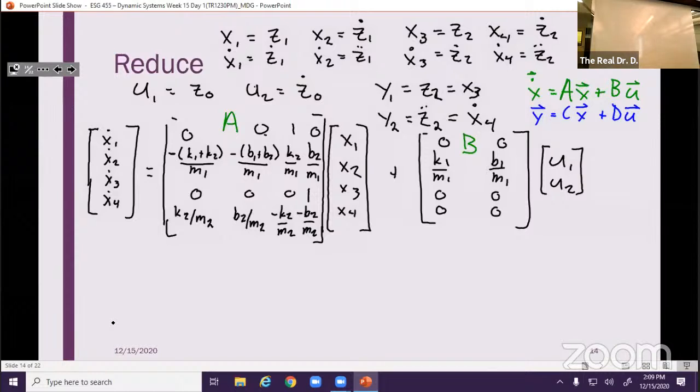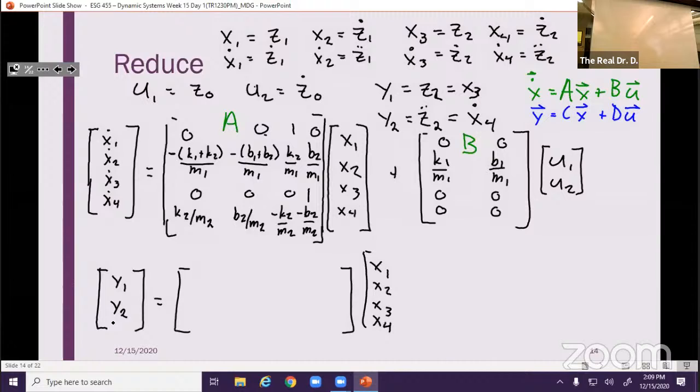Speaking of the output equation, I'll have y1 and y2, right? x is still the same, so it has to have the 4 entries. And u is still the same, so it's u1 and u2.